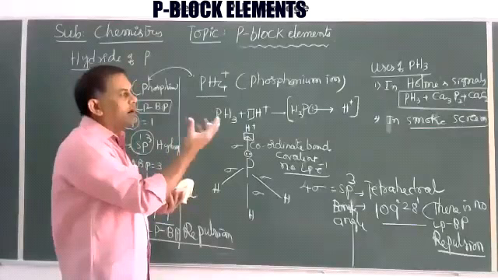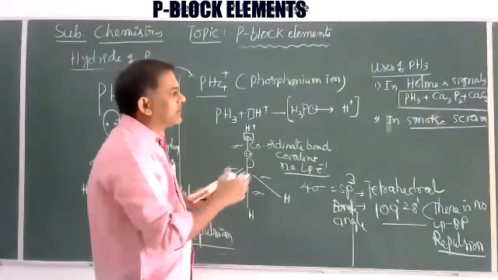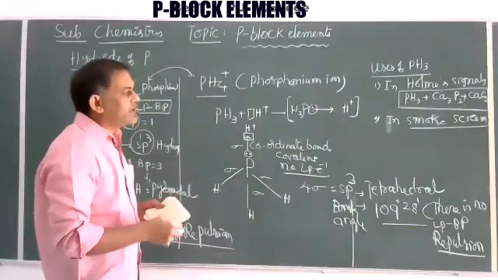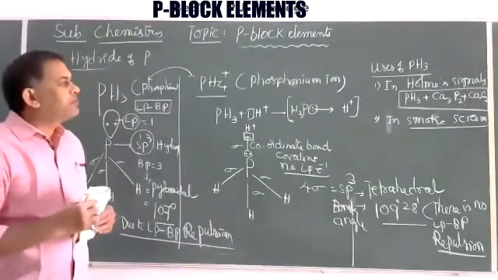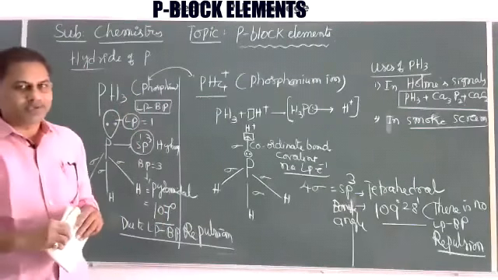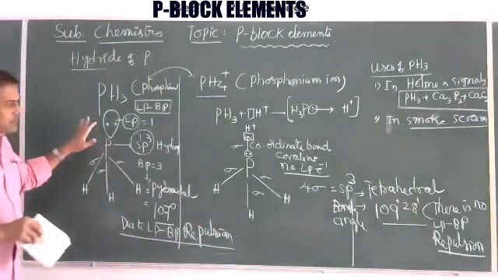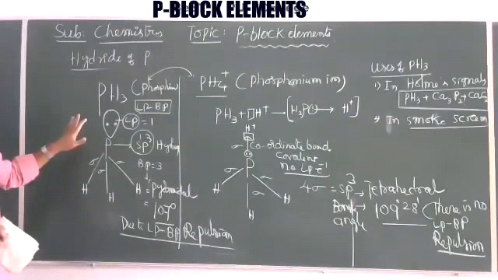By using that, we can easily identify problems present in that particular area. That's why phosphine is used in Holmes signals as well as smoke screens. Okay, this is about phosphine, hydrides of phosphorus. Clear? Just based on this structure, observe how the questions are asked.